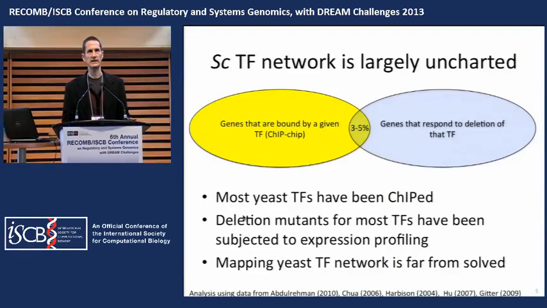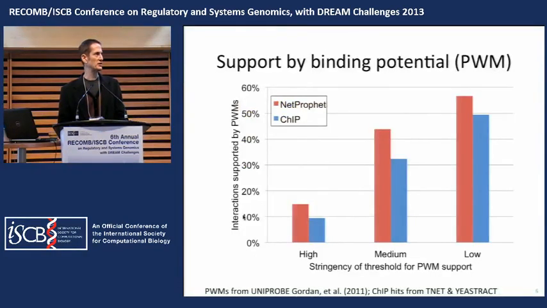We wanted to see how NetProphet could do at predicting direct regulatory binding and regulation as compared to ChIP-chip and ChIP-seq. So to do that, we used PWM models of the binding specificity of each transcription factor that were derived from protein binding microarrays.